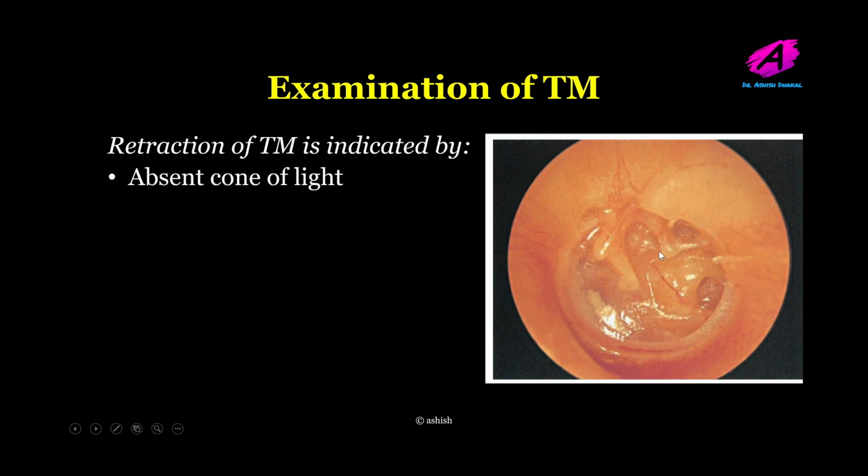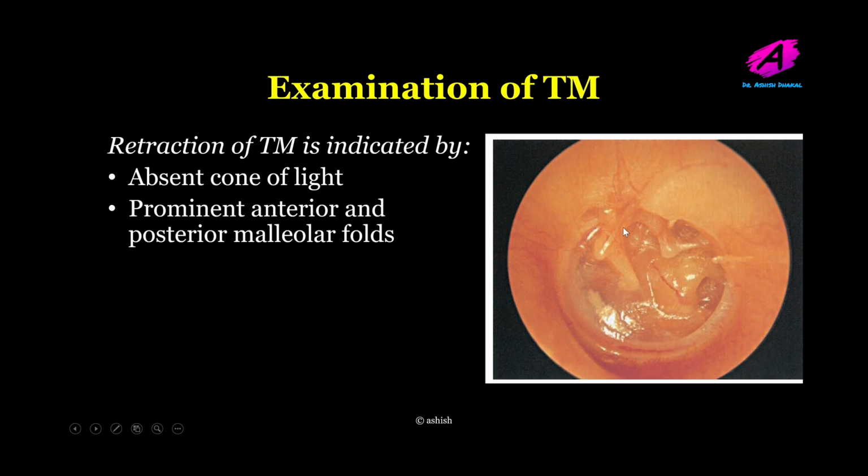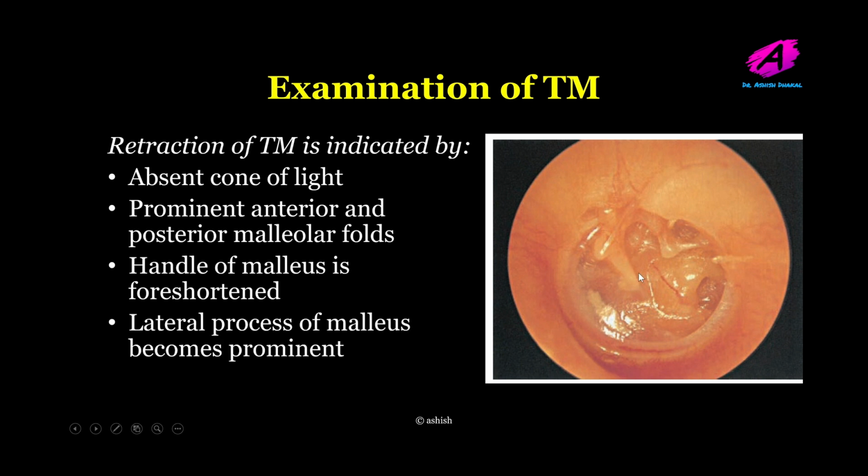If the tympanic membrane or pars tensa is retracted, then there would be absence of the cone of light, prominent anterior and posterior malleolar folds, the handle of malleus is foreshortened, meaning it is apparently shortened, and the lateral process becomes more prominent. Mobility of the tympanic membrane is restricted. So these are the signs that you see in the case of a retracted tympanic membrane or retraction in the pars tensa.